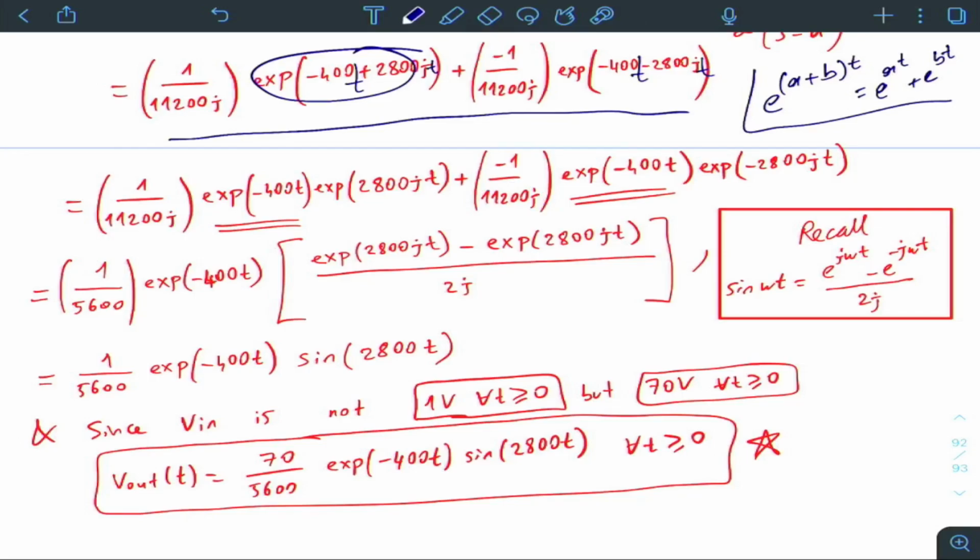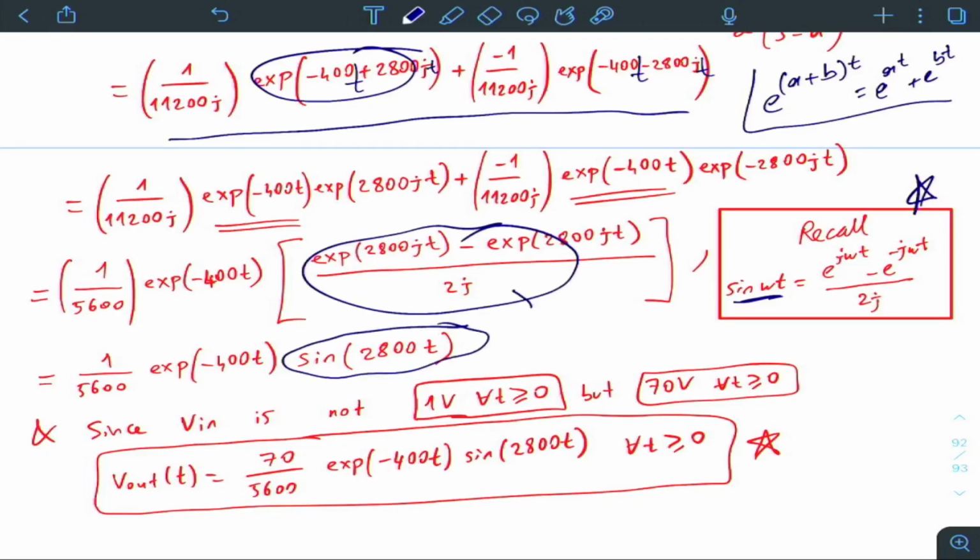Here e to the minus 400t terms are also common, and then this is the term in parentheses, and this is at this point what we need to record. Here sine omega t, and at this point we can see that omega is 2800, right?